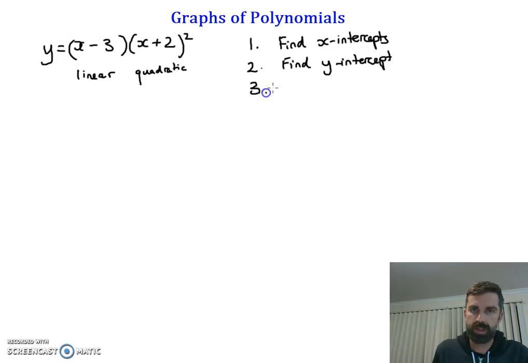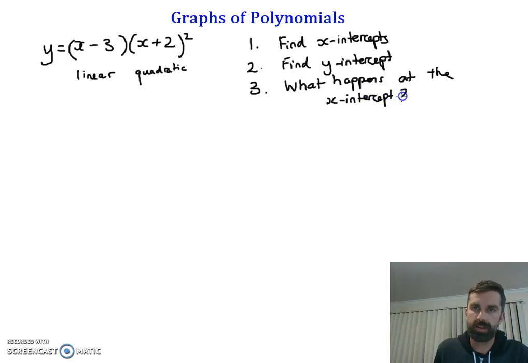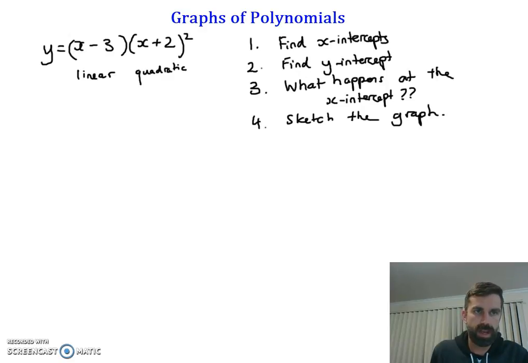Now, third of all, this is the only little tricky thing with polynomials: we need to look at what happens at the x-intercepts. And then finally, we can sketch the graph. So let's have a look, first of all, at step 3 in particular, because this is kind of interesting.